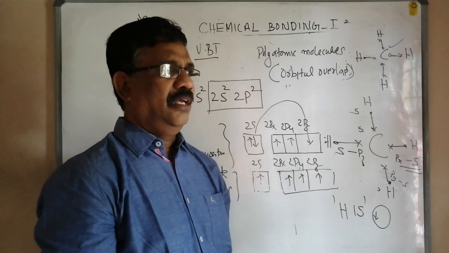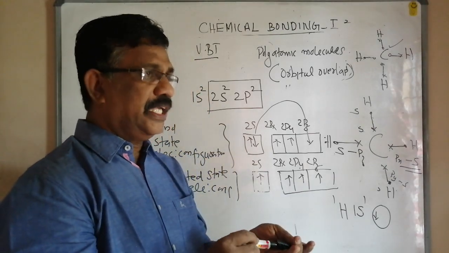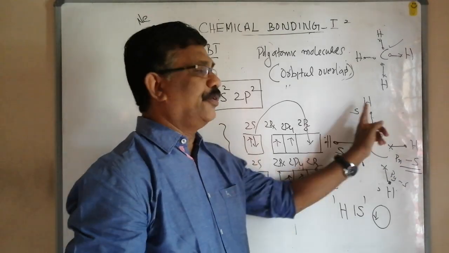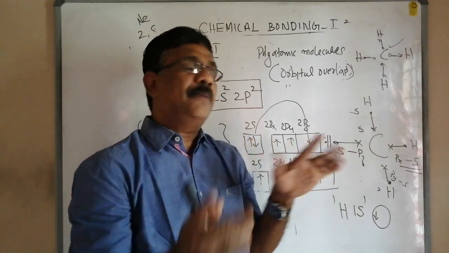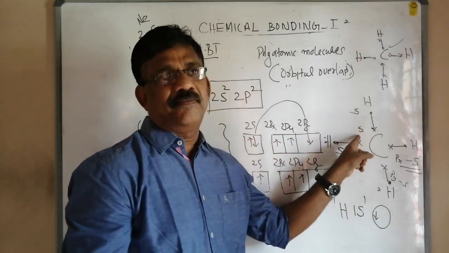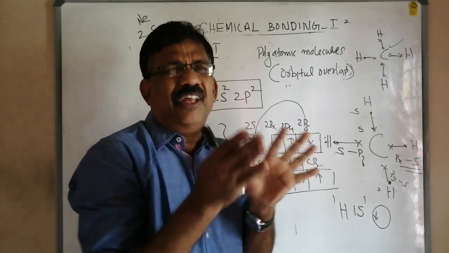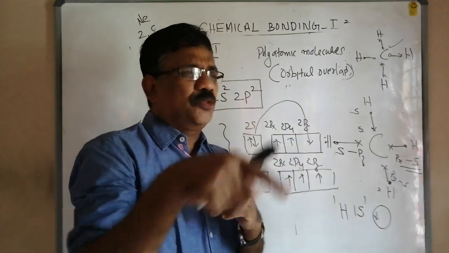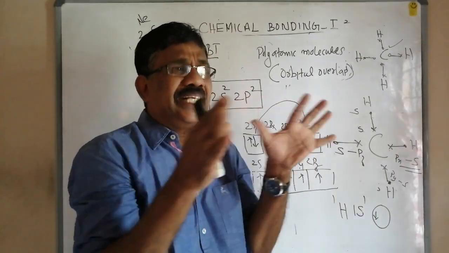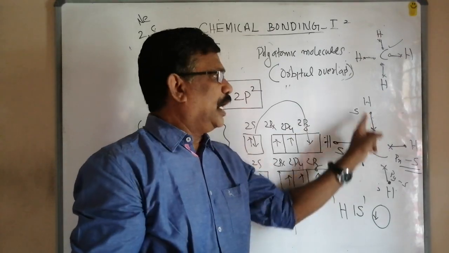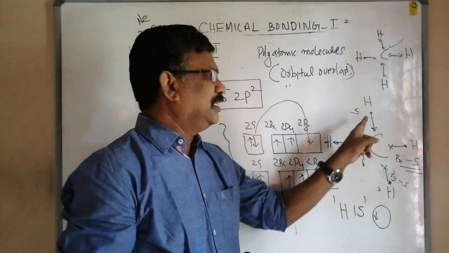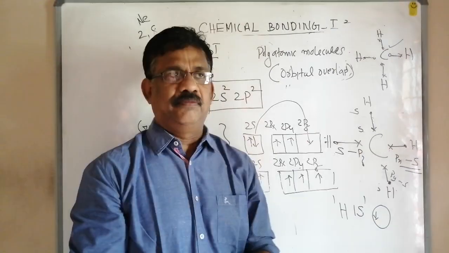In this simple way, we can expect these four bonds with different types of overlapping. Atoms come very close. The s orbital is spherical, so they can make a maximum overlap, and these two atoms come very close, and this bond length becomes too small.